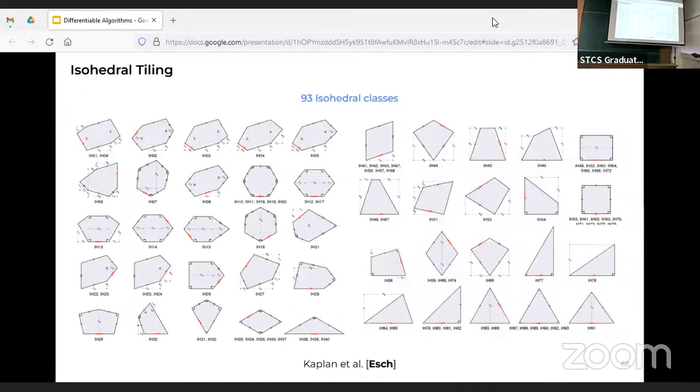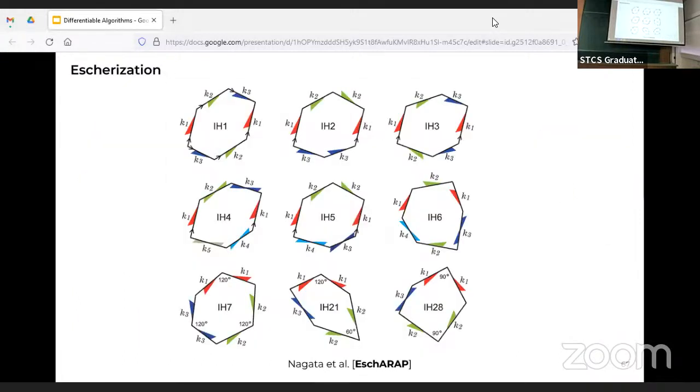One of the works parameterized all the 93 isohedral classes. In the isohedral classes, we might have a constraint that these two edges are the same. K2 is the same as K2, and this is K3. So this shape gets attached over here, so it shows the identification.